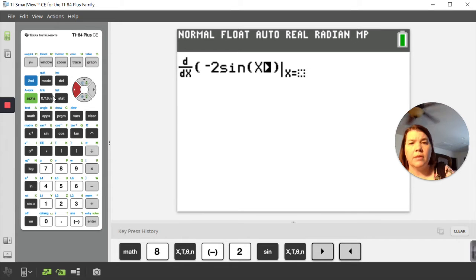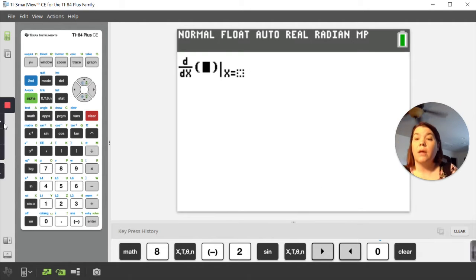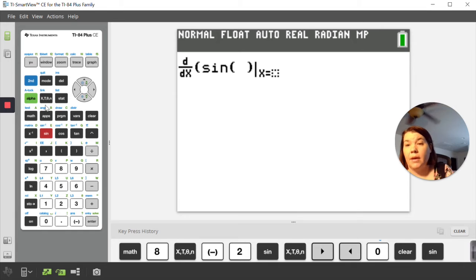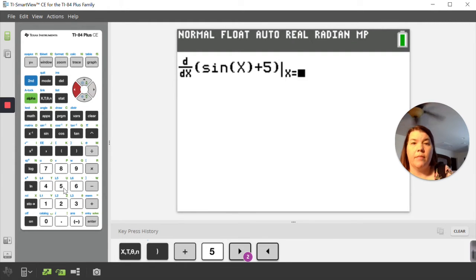Close my parenthesis. Sine x, close parentheses, plus 5. Okay. Take the derivative at 4 pi thirds.